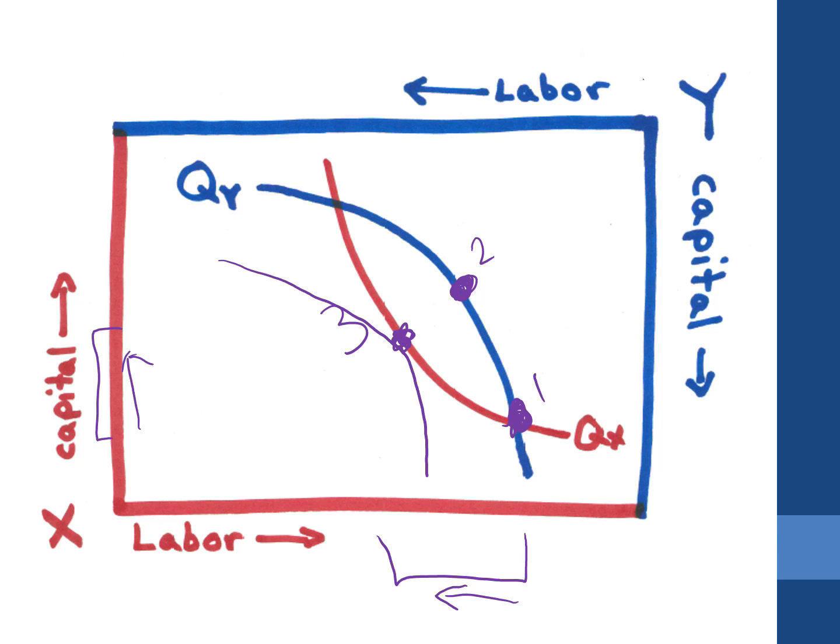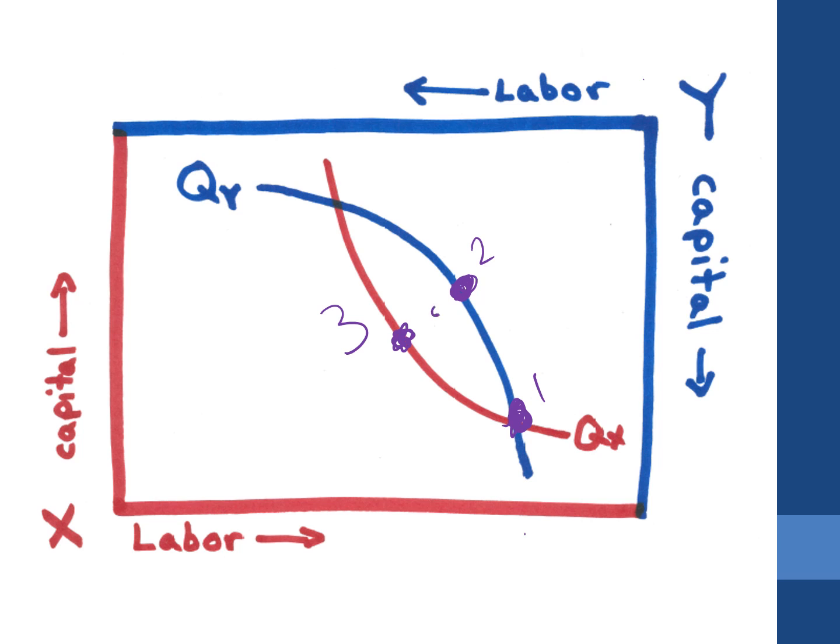Firm X is indifferent between those two situations, point 1 and point 3, whereas firm Y is made better off. They can produce a higher quantity at point 3, and so firm Y would want to do this. At these two points where we have this tangency, we could say we have a Pareto efficient state of the world, because moving forward from that point, there's no way to make one firm better off without making the other firm worse off and having a lower quantity.